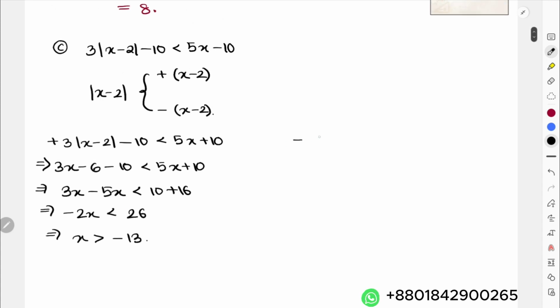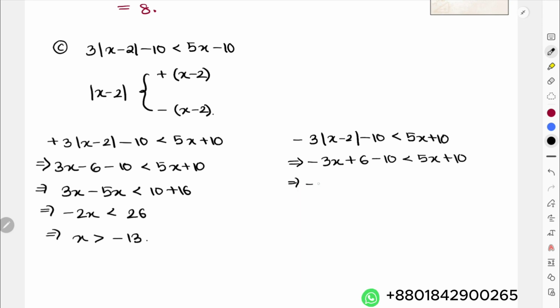Now for the negative value, 3 times negative x minus 2, minus 10 less than 5x plus 10. Then again, if you carry on with your working, you're going to get what? Minus 3x plus 6 minus 10 less than 5x plus 10, right? So from there again, if you take all the x's together, minus 3x minus 5x, and this is, by the way, minus 4.